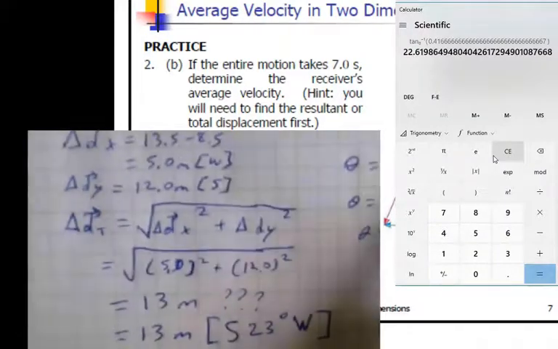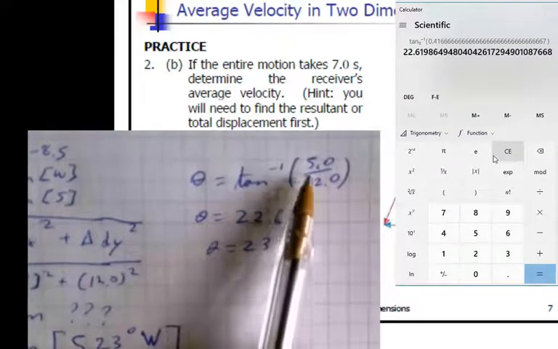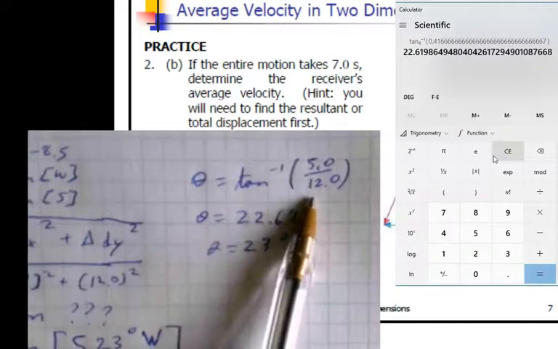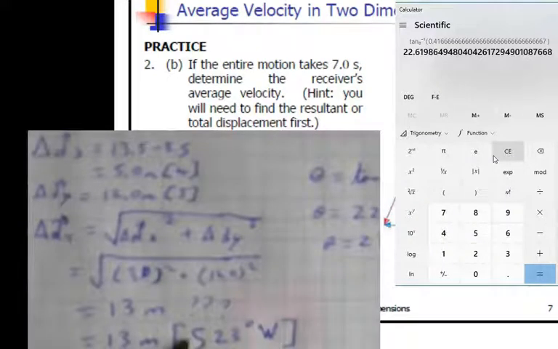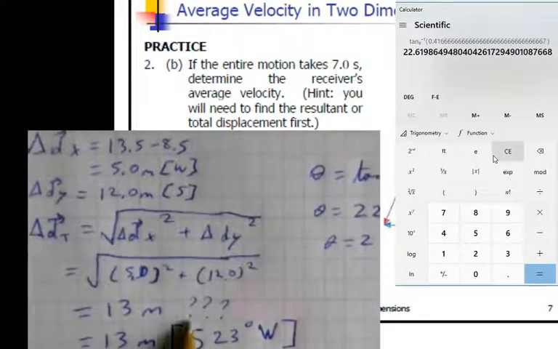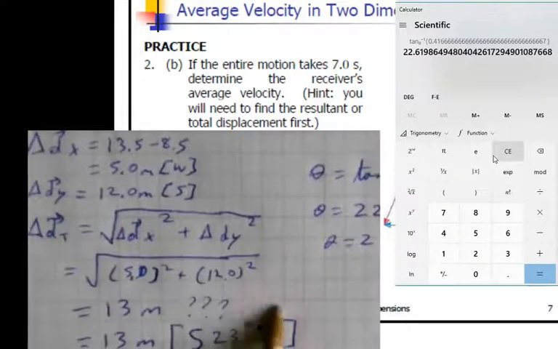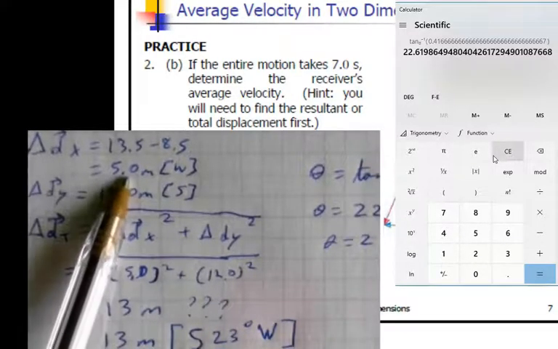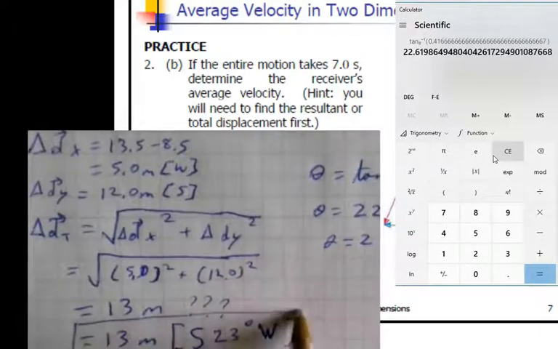So when I write this down using 5, my lower value, over my larger value, the primary direction is the larger value. The secondary direction is the lesser value. So 13 meters south, 23 degrees west. That is my solution.